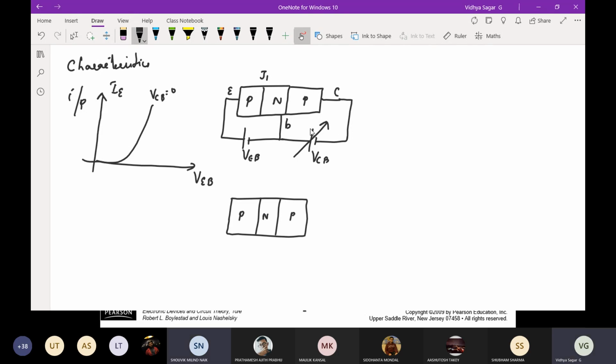So you say that with the increase in VCB, what does it determine in reverse bias? So what is the work done inside in reverse bias? So you can just say something, right? Whatever you know about reverse bias. The depletion region gets increased. Exactly. Thank you.